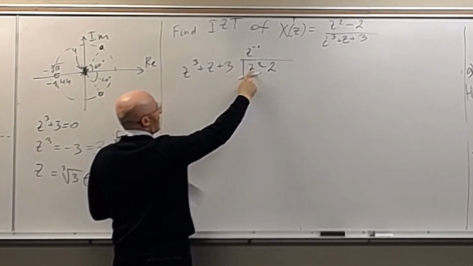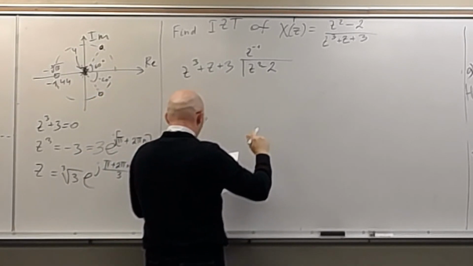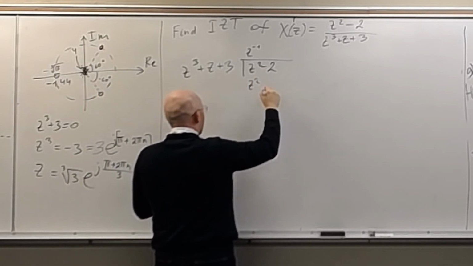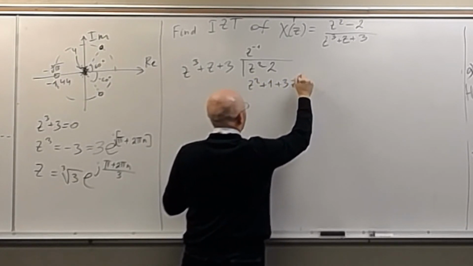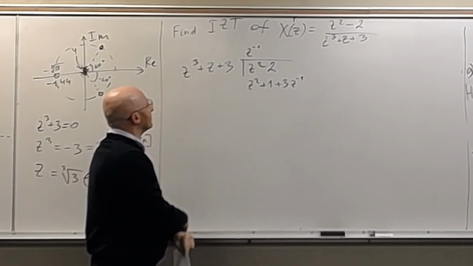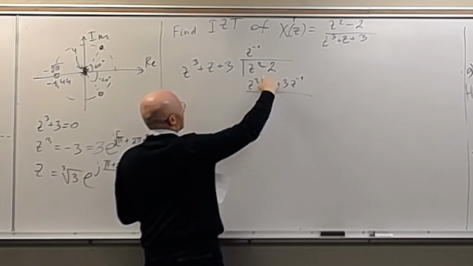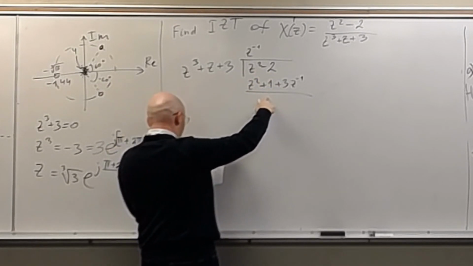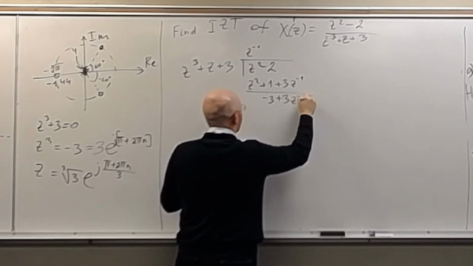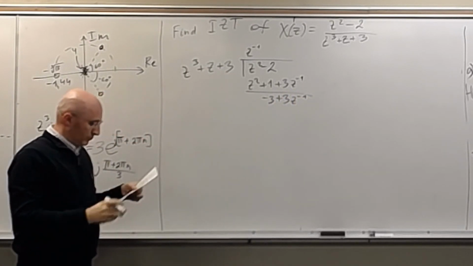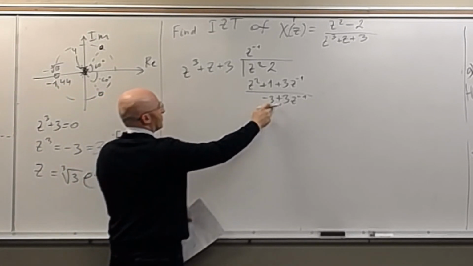So Z to minus 1 times that thing will get you Z squared plus 1 plus 3Z minus 1. Okay, now subtracting, it will be minus 2 minus 1 is negative 3 plus 3Z minus 1.